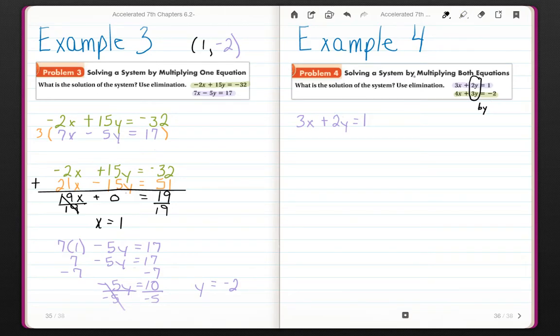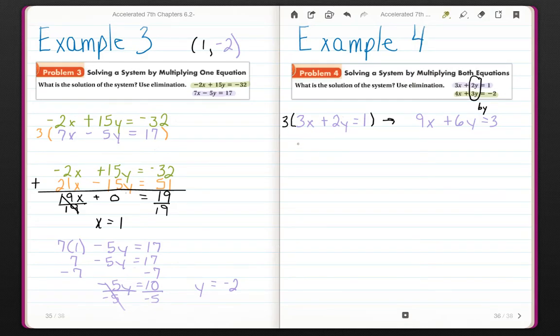So I'm going to multiply this entire equation by 3. So that I get 9x plus 6y equals 3.